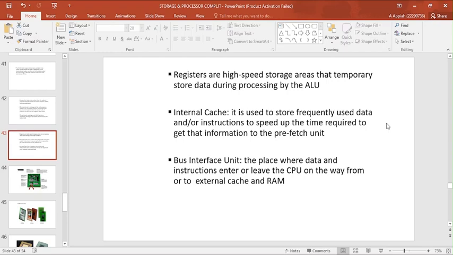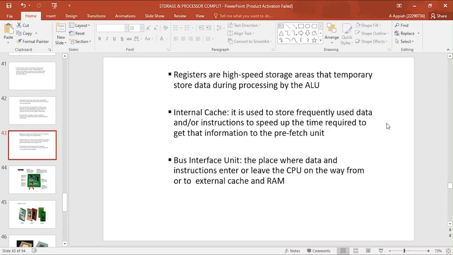Now instructions will have to enter the CPU from the RAM. So when you go and fetch instructions or data from the RAM, which will later be executed by the CPU, from the RAM to the CPU, it enters through what we call the bus interface unit. And then when it is leaving the CPU back to the RAM, it also exits through what we call the bus interface unit.